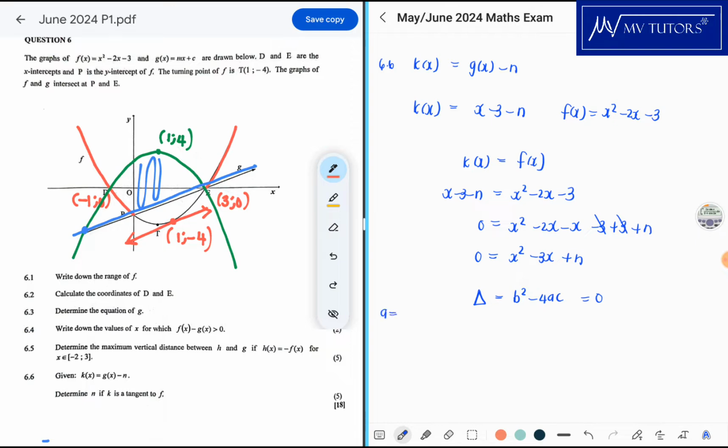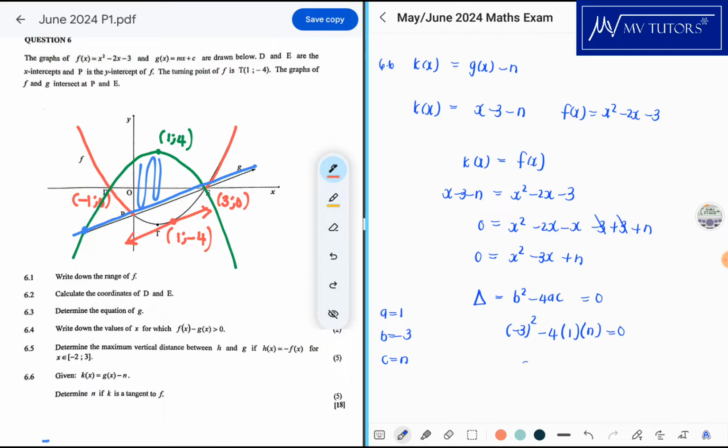I know that a is 1, b is minus 2, and c is n. So I'm just going to substitute all of that. Oh gosh, did I just put minus 2 there? b is clearly minus 3. So I'm going to put minus 3 and square it. Minus 4, a is 1 and c is n.